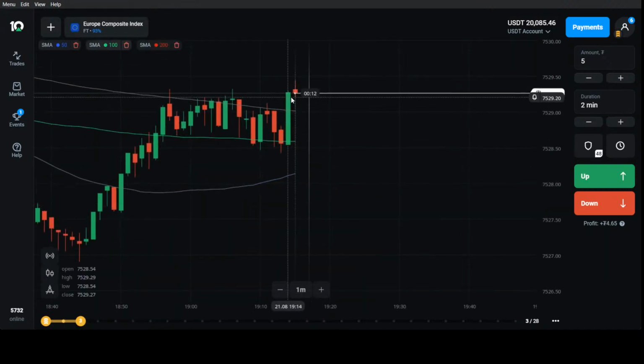See, the candles are actually moving to the other direction, but not very much in our favor.